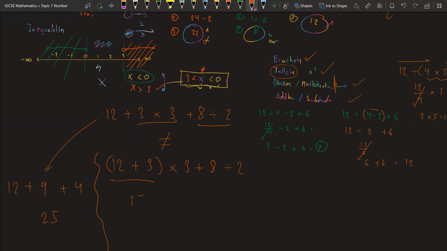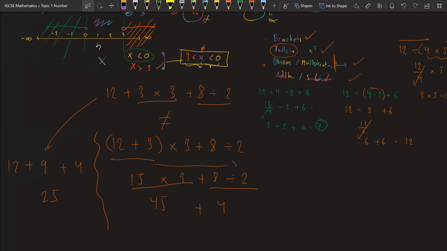So this will be 15, times by 3 plus 8 divided by 2, right? So it's multiplication and division. Here we do from left to right. So this one first, 15 times 3, I get 45. This with that, I get 4. So 45 plus 4, I get 49.